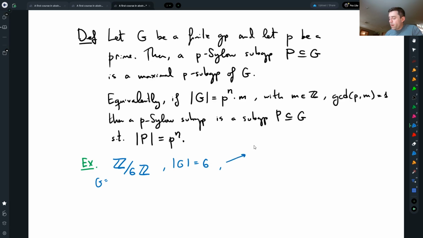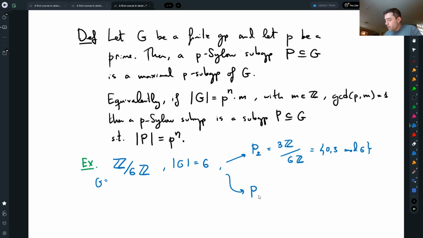A Sylow subgroup for 2 would be a subgroup of order exactly 2, and the elements 0 and 3 modulo 6 form such a subgroup.